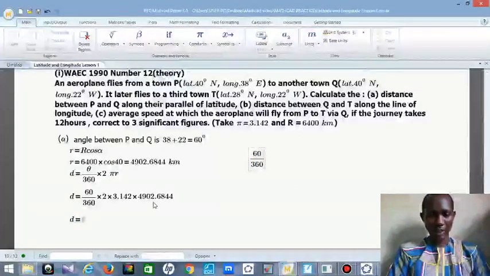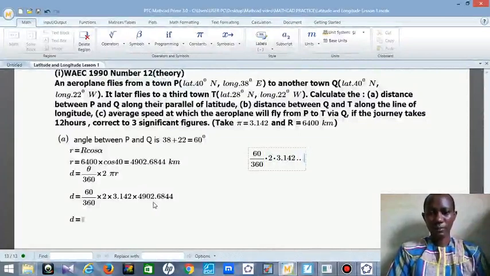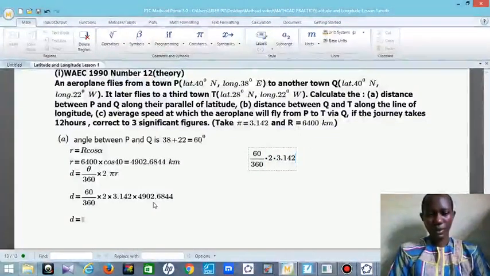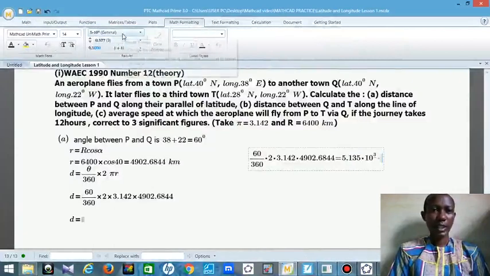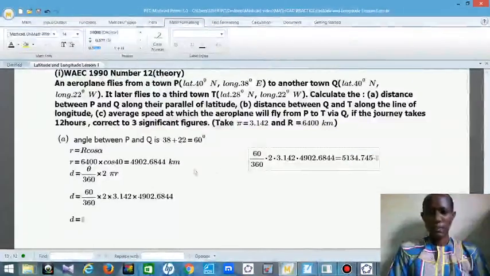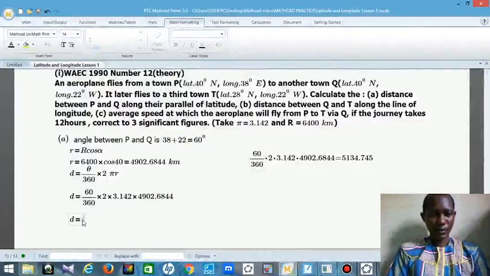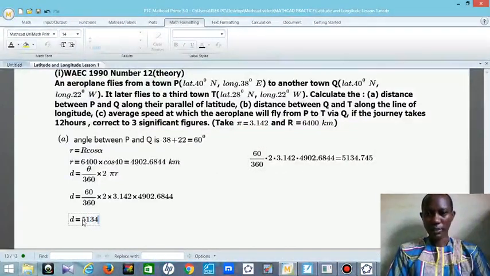You will get the same answer I will get now, times 2 times 3.142 times the radius, which is 4,902.6844, which equals, let me put it in decimal, 5,134.745.